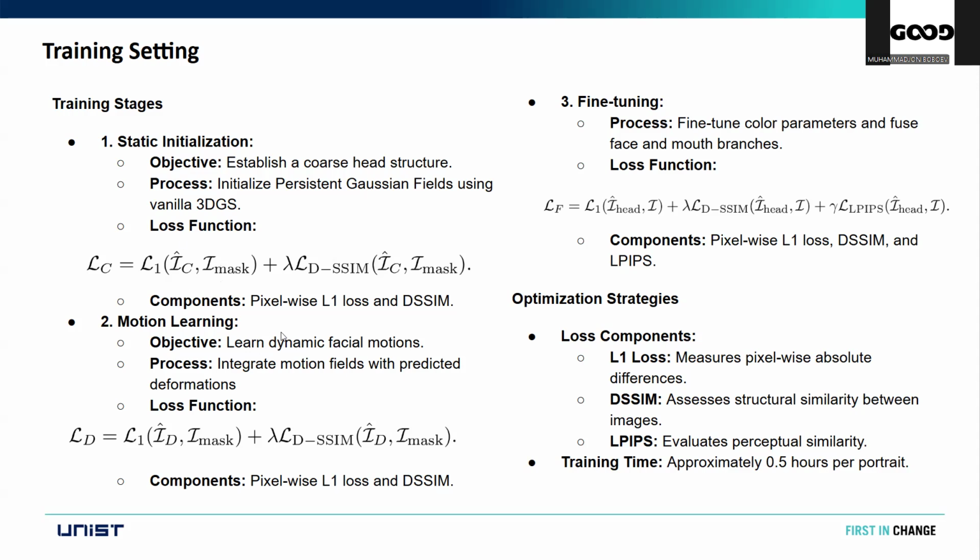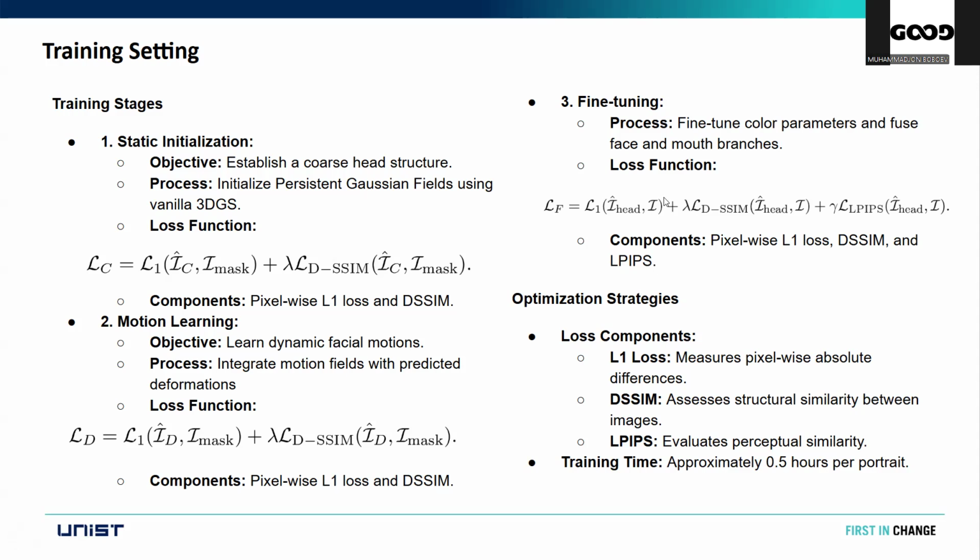The next stage is setting up the training for motion learning. For the motion learning, the objective is to learn the dynamic facial features. So they are trying to integrate the motion field with the predicted deformation. In this case, it's similar, but it's predicting the dynamic facial motions.